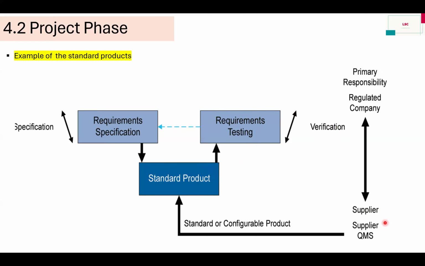Obviously there is supplier activity involved, and in this case we have the responsibility that it complies with the regulatory requirement. In this life cycle, in the project phase, testing will be that your installation should be correct first.